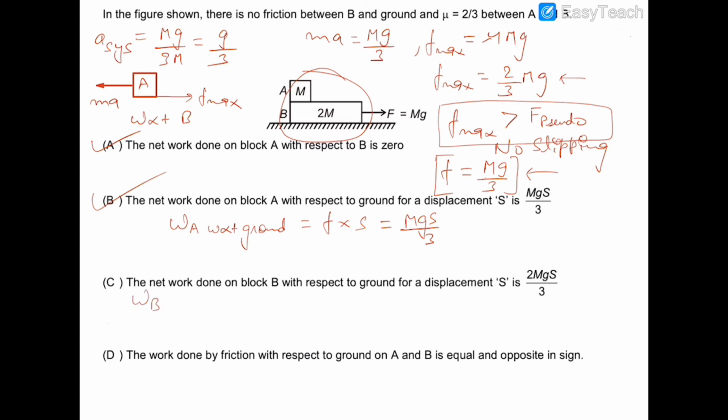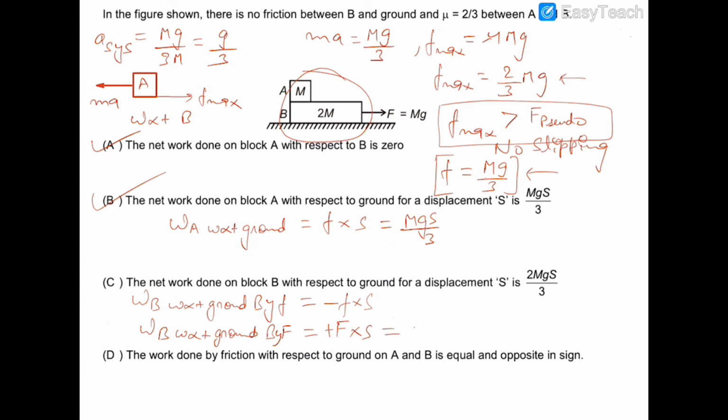Work done on B with respect to ground by friction: friction will be acting on block B in the backward direction, and its displacement is in the forward direction, so its work done will be minus f into S. Work done on B with respect to ground by F will be equal to F into S, because F and S are in the same direction.